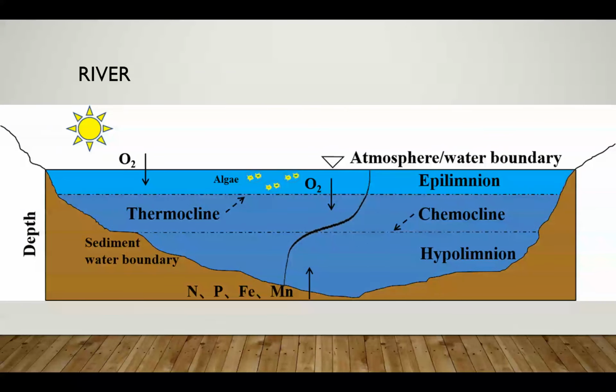The top region has a very high temperature, and when you go down it is colder. Also, in the bottom region there are microorganisms, and these microorganisms take more oxygen.